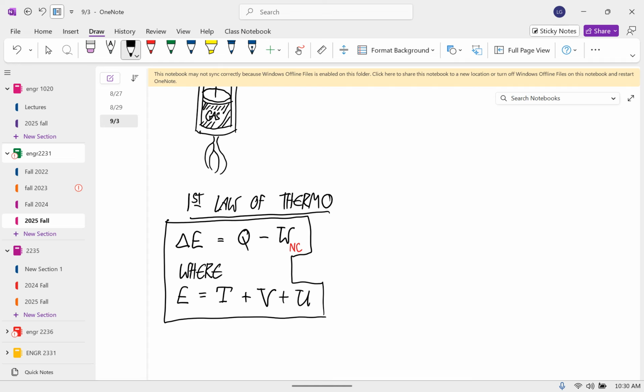That's why this is only the work done by non-conservative forces, because we include the work done by conservative forces in this V. Okay? Another way to think of it would be to have no V there, and then this work just represents all the work done. But the reason we do it this way is because potential energy calculations are an easy way to calculate work done by conservative forces. Okay, so that's why we break it up that way.